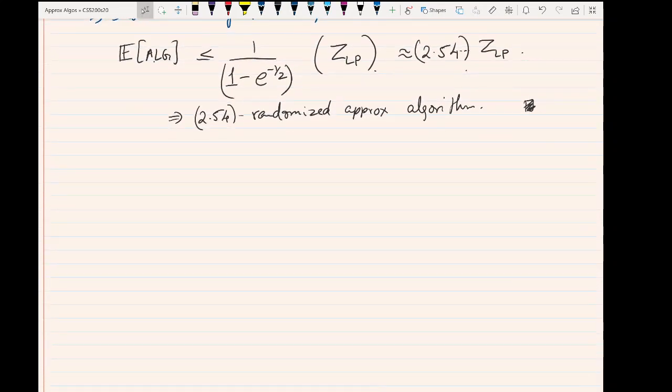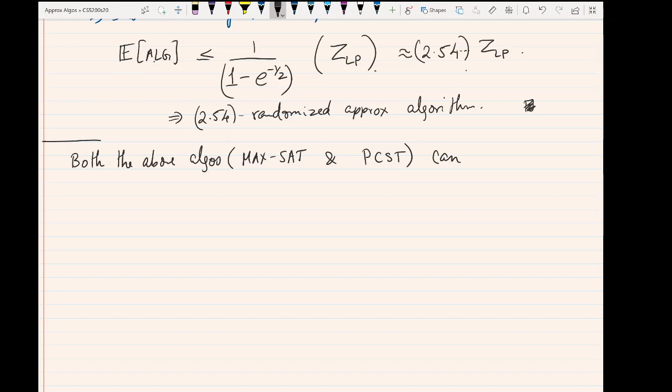So one common point between both of the algorithms that we have seen, by both I mean the one for MaxSat and one for this, PCST, is that the algorithms can be de-randomized. That is, based on this randomized algorithm, you can come up with a deterministic algorithm that gives the exact same performance guarantee.